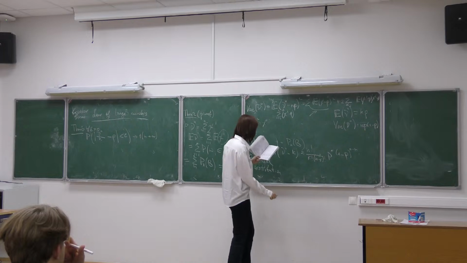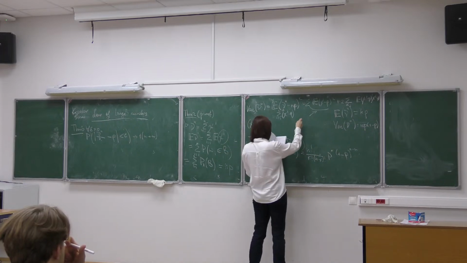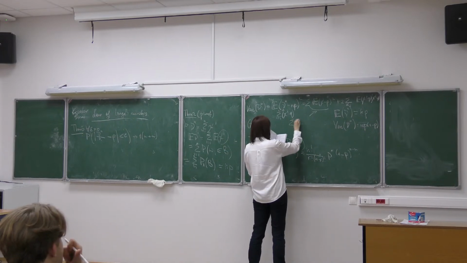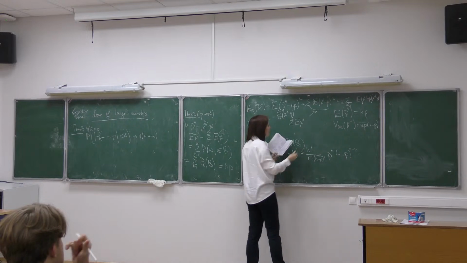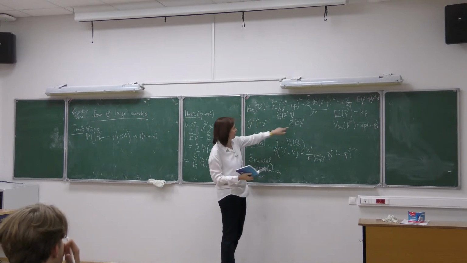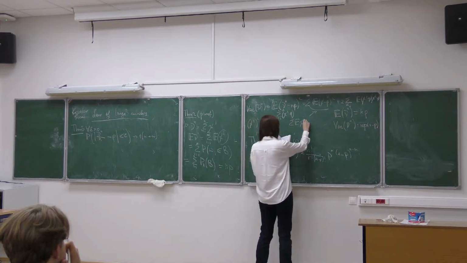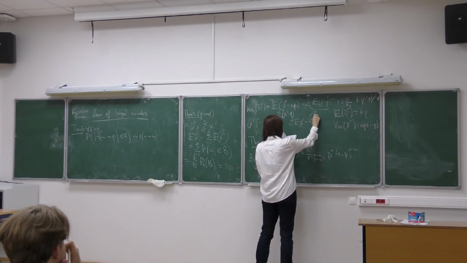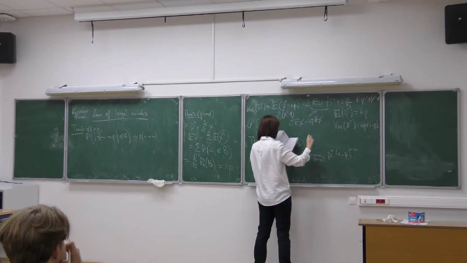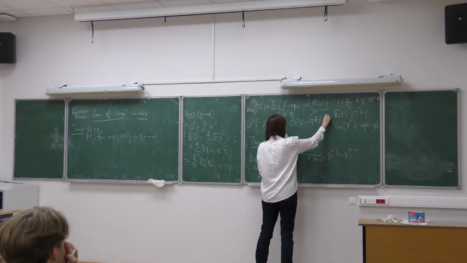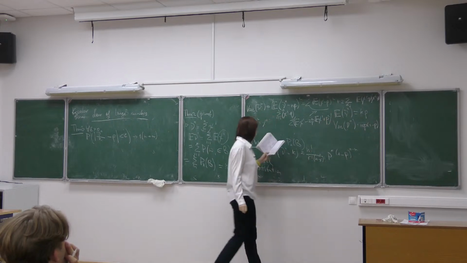And we can say that apparently, here we can write it as a mathematical expectation of our random variable itself, because they coincide, so we can replace it, minus 2pe of the same person plus p squared. Right?